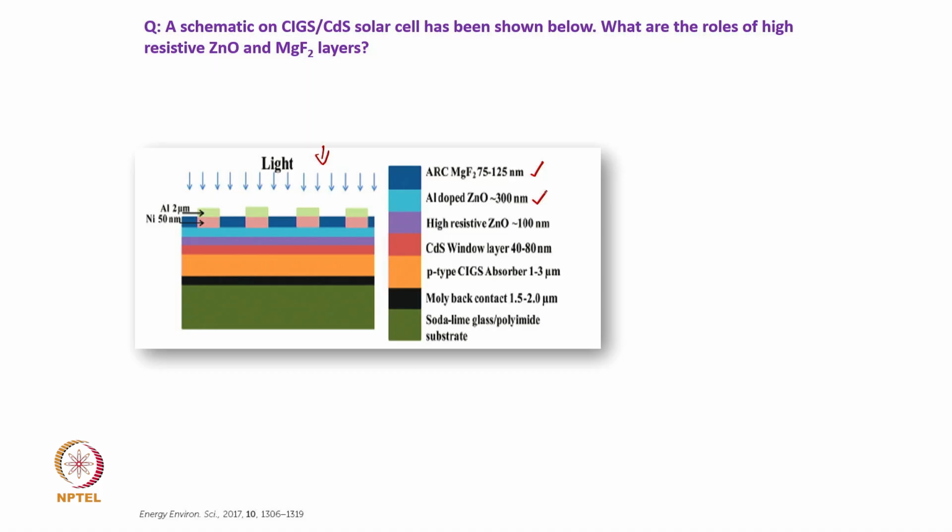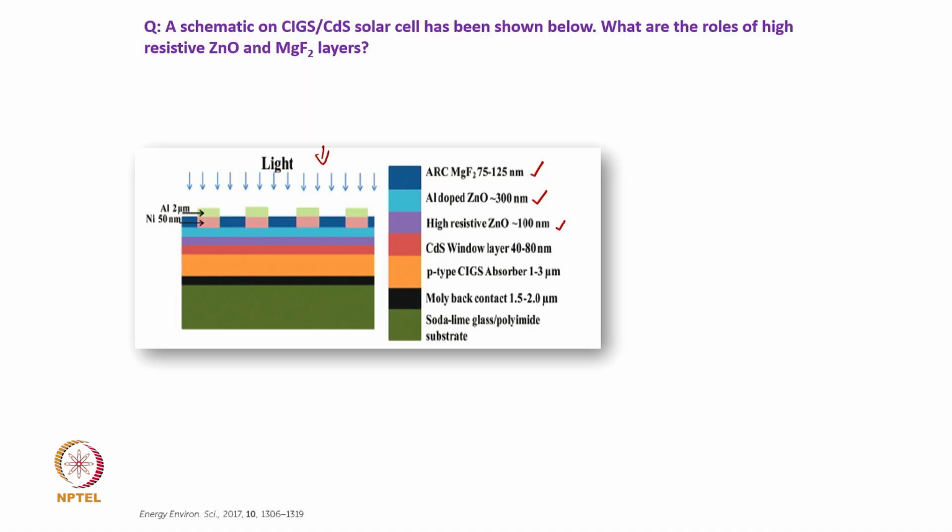And then we also know the importance of the TCO. Here the TCO is aluminum doped ZnO. And then high resistive ZnO of 100 nanometer. This is a very important part in this solar cell, because if you use a high resistive ZnO in between, which is this layer, then what you actually do is address this problem.